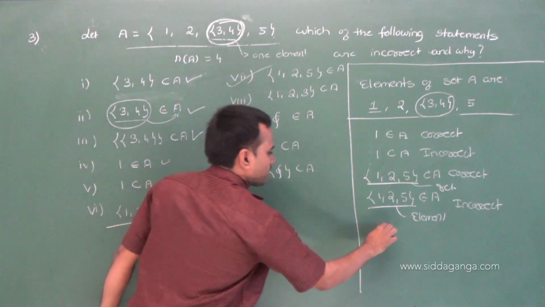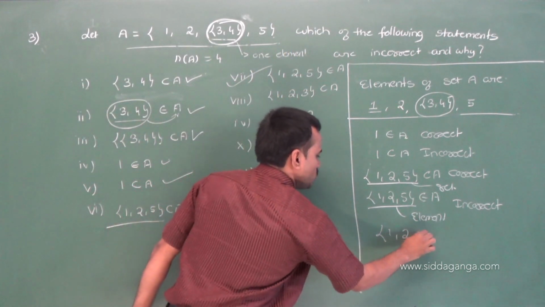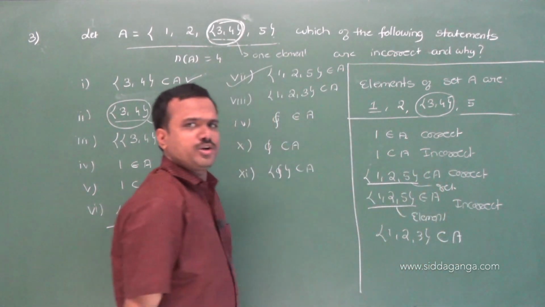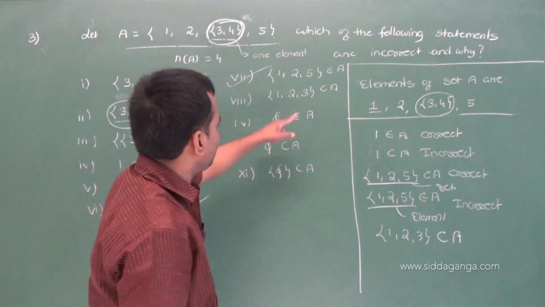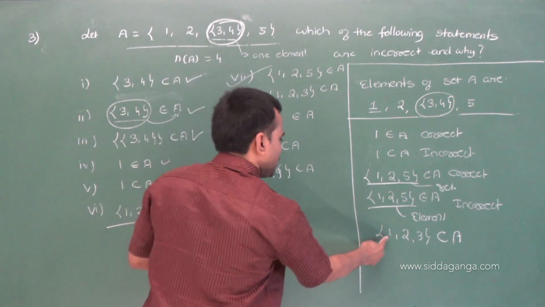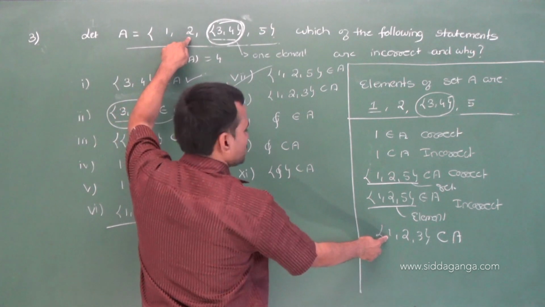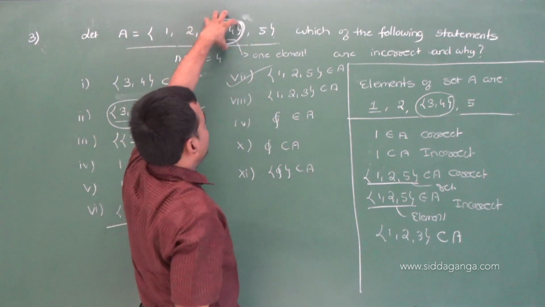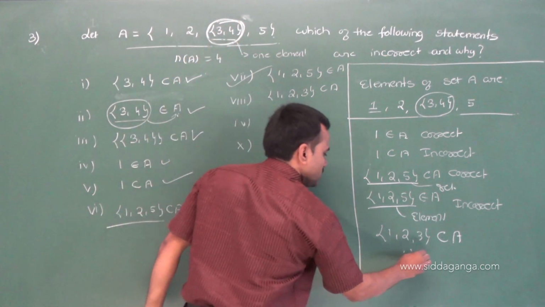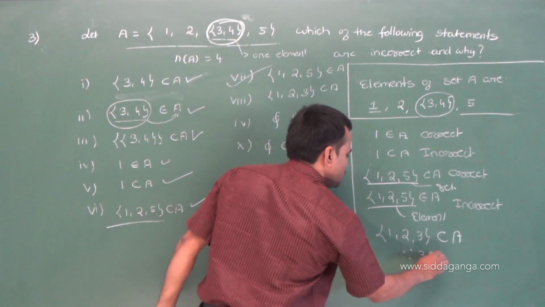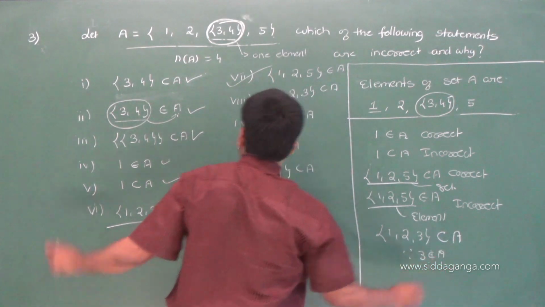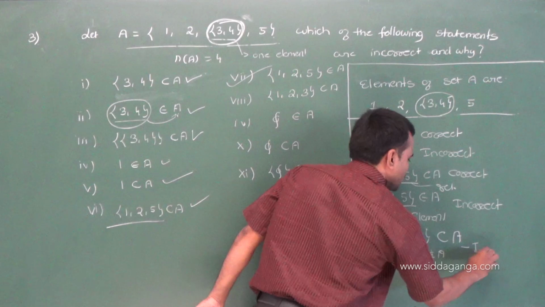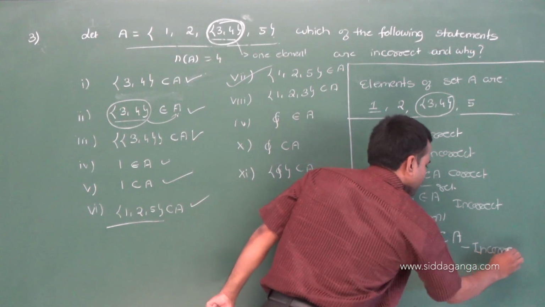Next, {1, 2, 3} subset of A. The set contains 1, which is present here. 2 is present, but 3 is not present. {3, 4} is one element O. Since 3 does not belong to A, that's why it is incorrect.